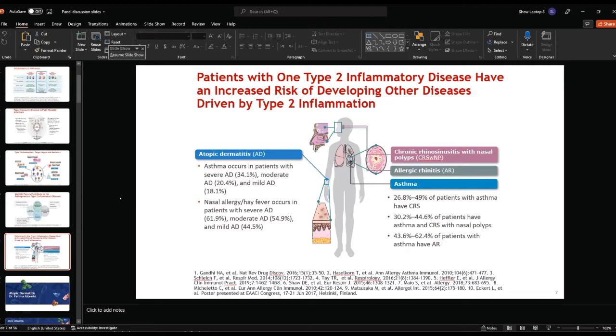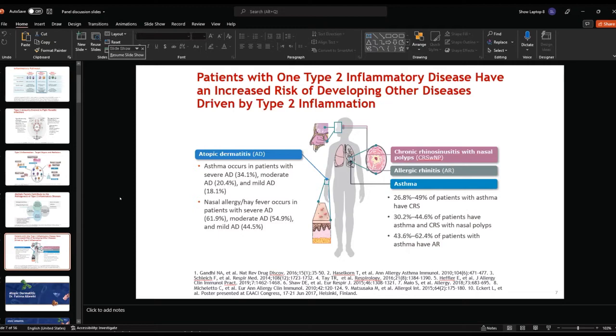Nasal allergies, hay fever, occur in up to 60% of patients with severe atopic dermatitis, and so on. If you look at asthmatics, 26 to 50% of patients with asthma have upper respiratory disease, nasal polyps, etc. And again, these patients would have asthma and allergic rhinitis.